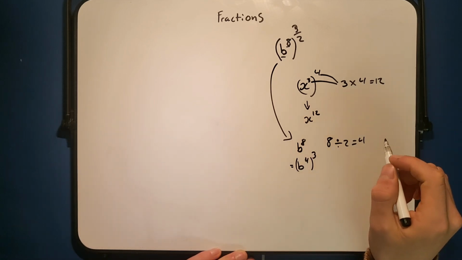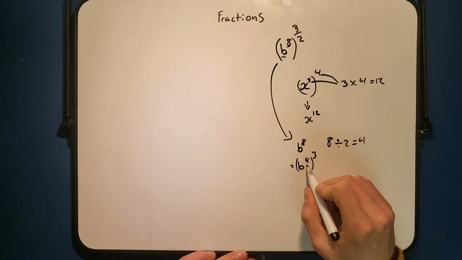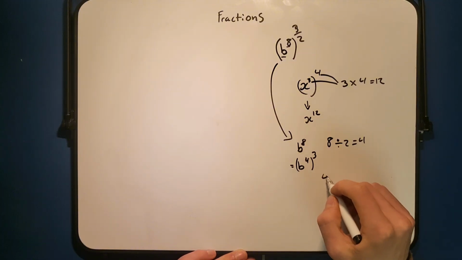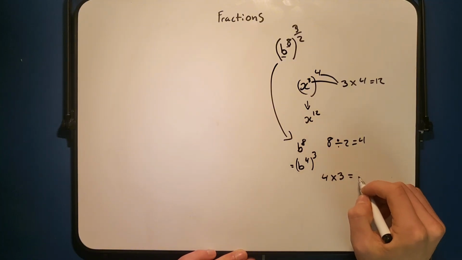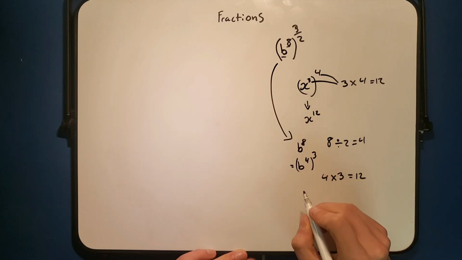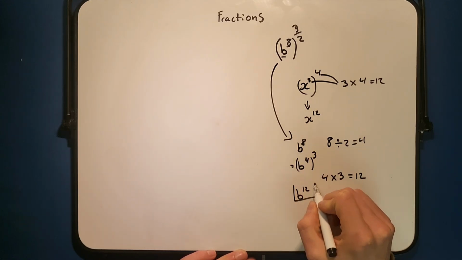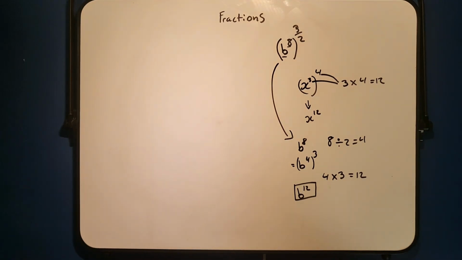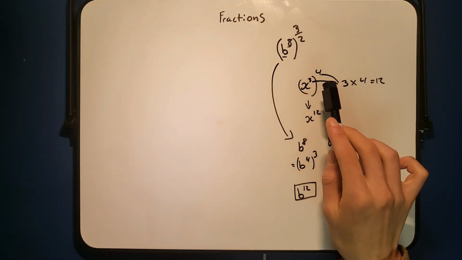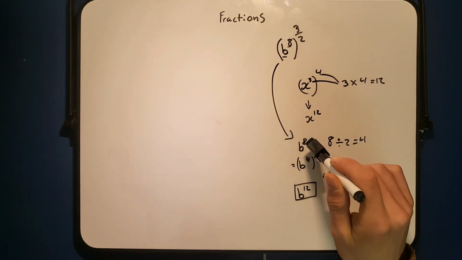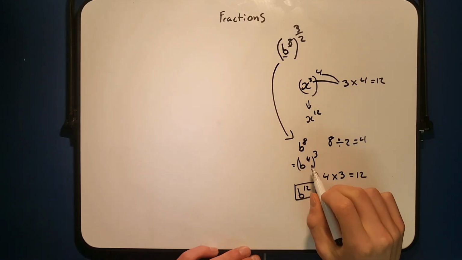Now, 4 times 3 is equal to 12, and this will give us b to the 12. Notice that we did not change anything with the b number. We only changed the power.